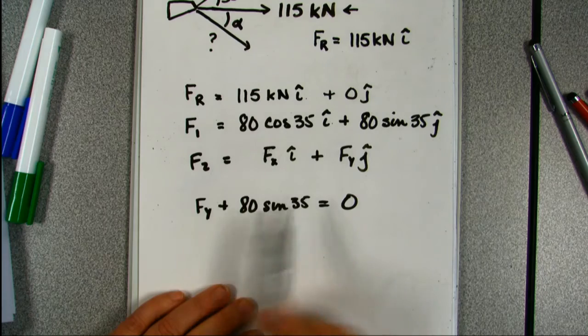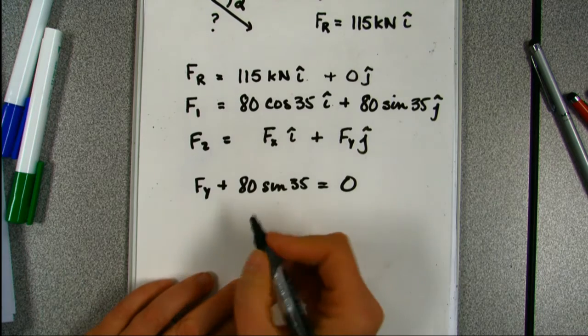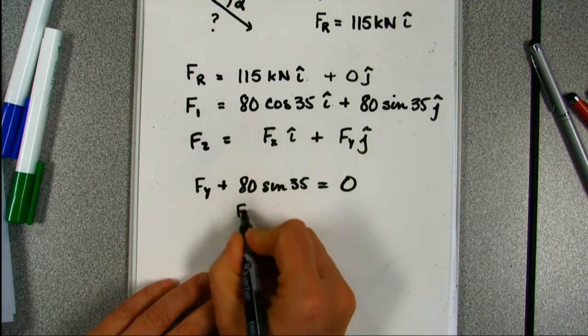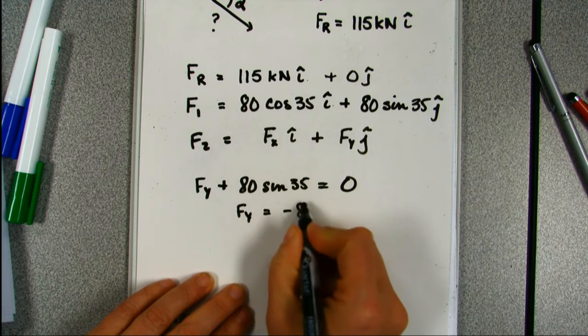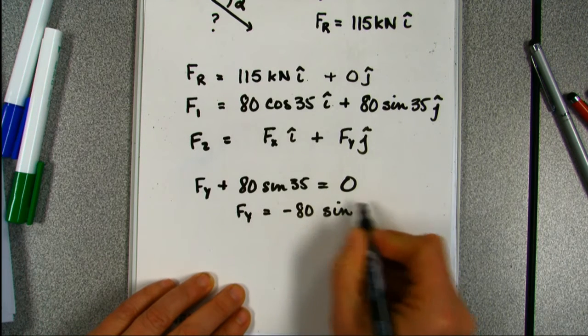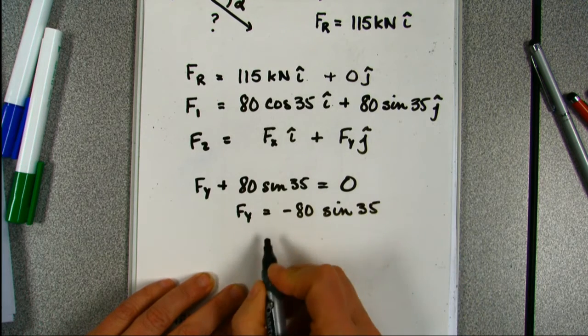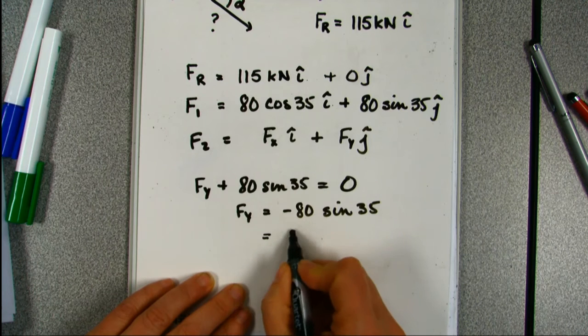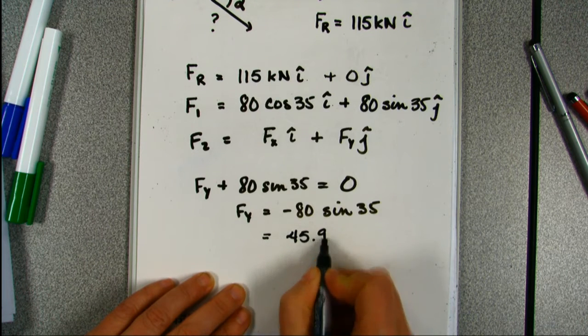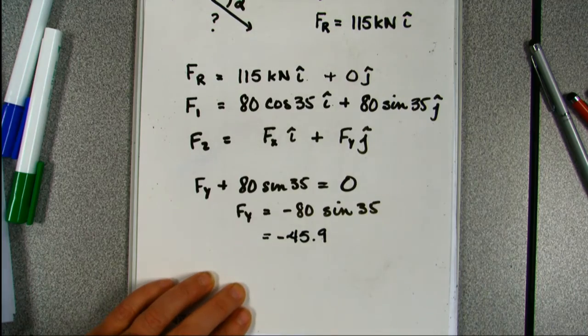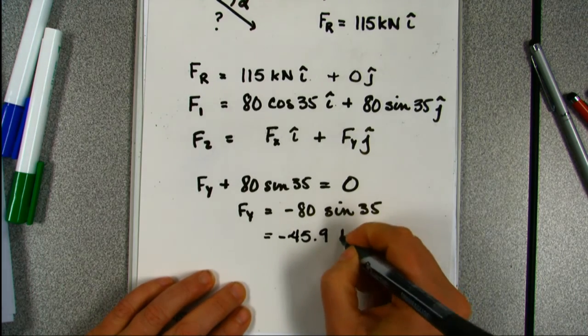So Fy has got to equal negative 80 sine 35, which should be negative 45.9. And this is going to be in kilonewtons.